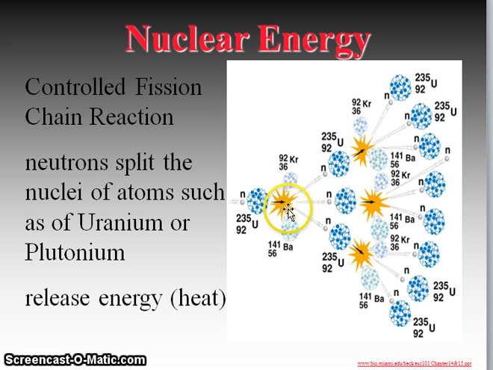When it splits and releases energy, it also releases more neutrons that can go on and attack other uranium-235s and cause them to split and release energy. This reaction will keep going and going, compounding and getting bigger and bigger as time goes on and more neutrons are released. And that will release huge amounts of energy as the reaction continues.